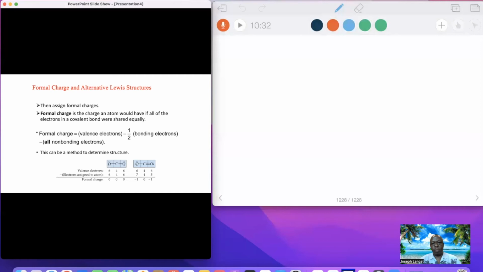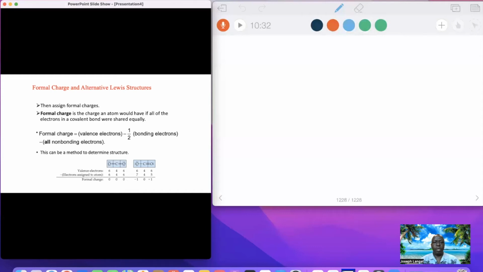You will use the formal charges. You will assign formal charges in the compound or in the molecule, so that you see the possible structure with the least combination of what? Formal charges. That is the plausible Lewis structure for that molecule.